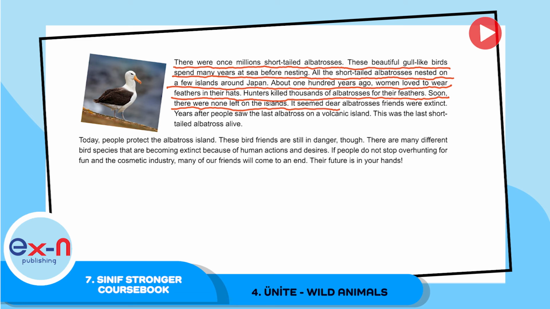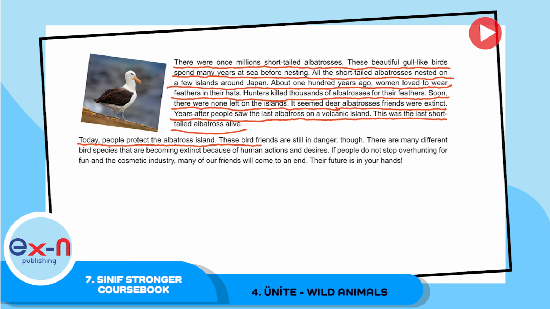It seemed that the albatrosses were extinct. Years after people saw the last albatross on a volcanic island, this was the last short-tailed albatross alive. Today, people protect the albatross island.